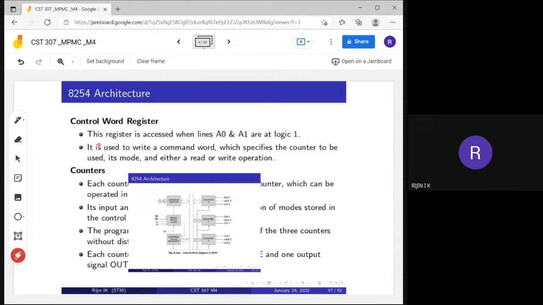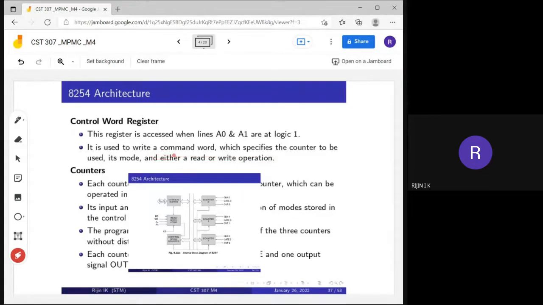That is what I have written here. This register is accessed when lines A0 and A1 are at logic 1. It is also used to write a command word, which specifies the counter to be used, its mode, which is one of 6 modes, and either a read or write operation.